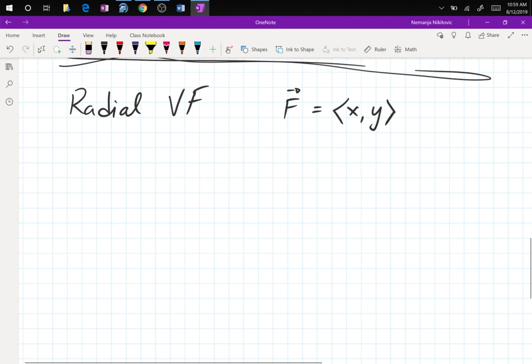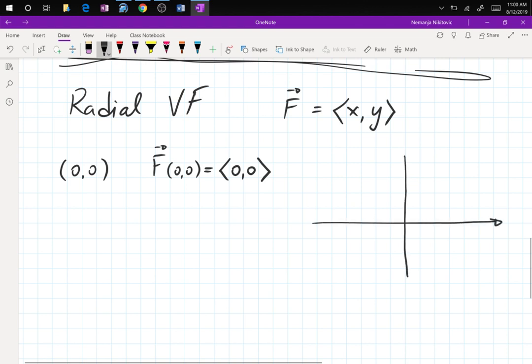You will pick points, and then you will calculate the vectors. So let's say you pick a point 0, 0. The vector field computed at 0, 0 will yield vector 0, 0, and that's just the origin. So nothing special is going on for 0, 0. We'll just put the x and y coordinate system here, and I'll put a big fat dot at the origin. That's our 0.